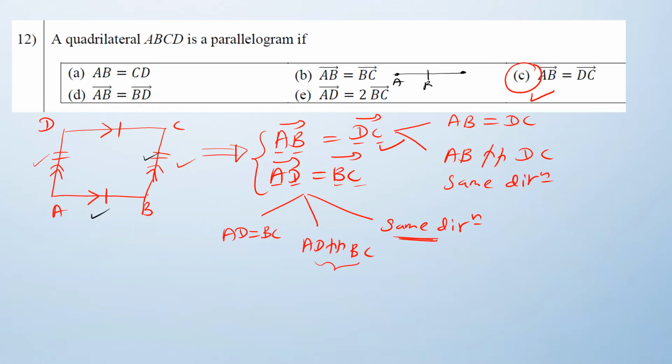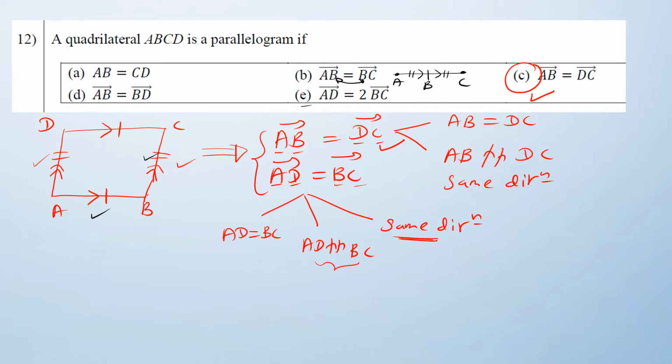So A, B, C. If those two vectors are equal, then the magnitude of these two line segments will be the same and direction should be the same. Right? Since we are considering a common point there, ABC will be a straight line.